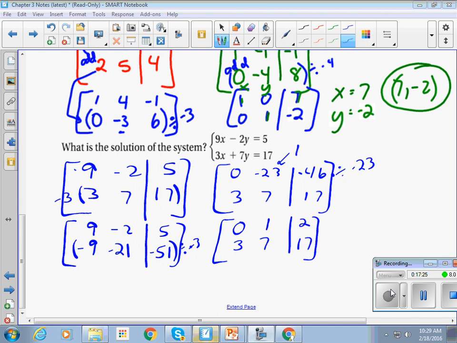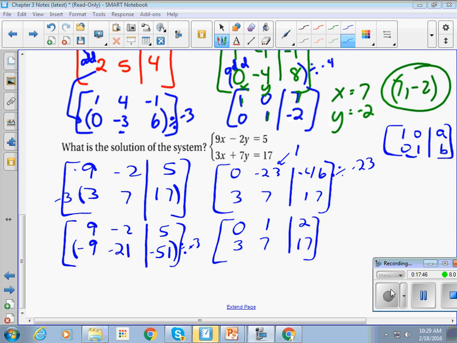Row operation says I can switch these guys, and because I want 1, 0, 0, 1, I want the row with the 1 in the Y's column to be on the bottom.